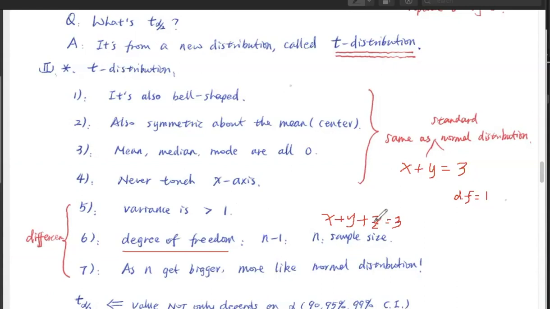Then if you ask me what's the value of y, then I will ask you, tell me what's the x, what's z. Then I can tell you what's the value of y, right? So in that case, x is free to change. Z is also free to change. So those two of them, what do we call? Degree of freedom. They are free to change, everybody. They are degree of freedom 2 because both x and z are free to change, right?